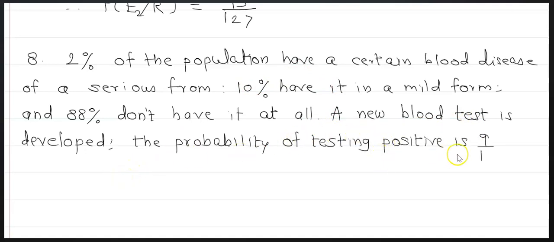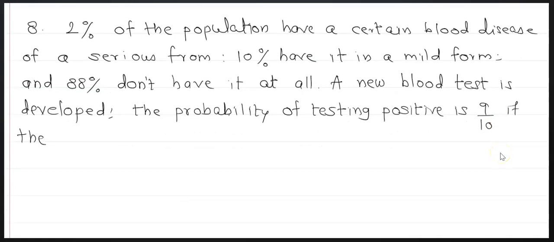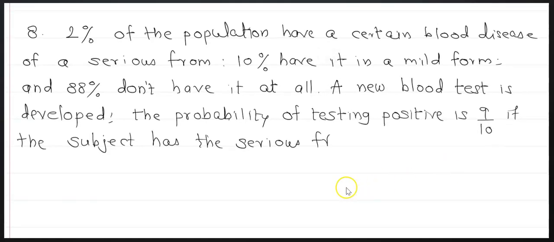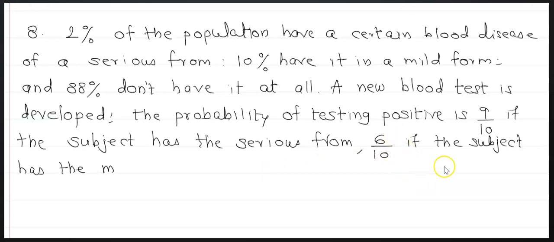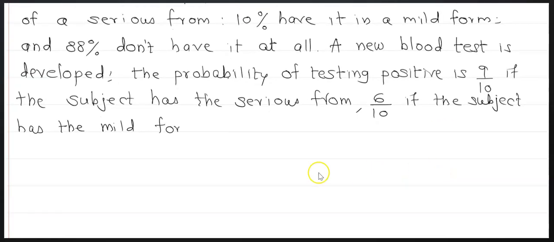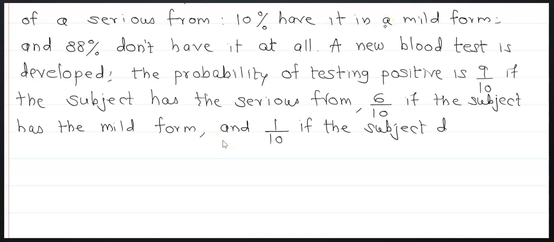The probability of testing positive is 9 by 10 if the subject has the serious form, 6 upon 10 if the subject has a mild form, and 1 upon 10 if the subject doesn't have the disease.